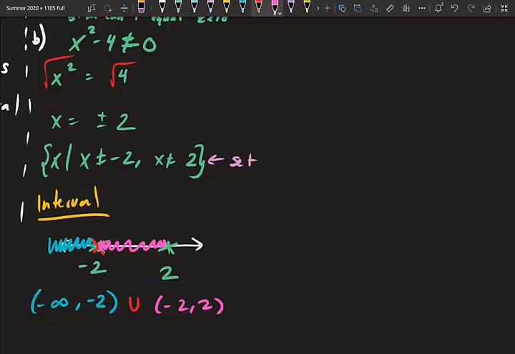The stop means union. And then 2 to infinity. It is always like that for interval notation if you have two numbers: negative infinity to number, union number to number, union number to infinity. Always like that.